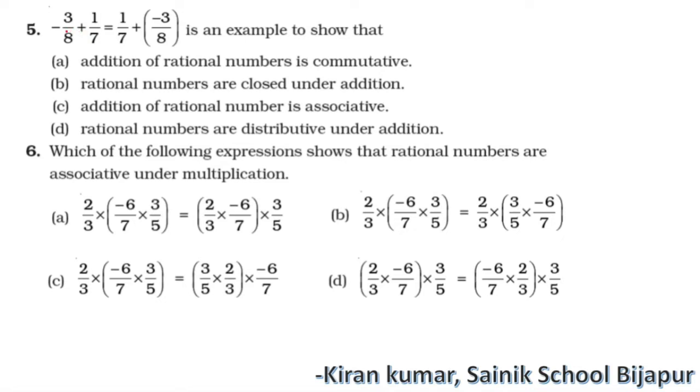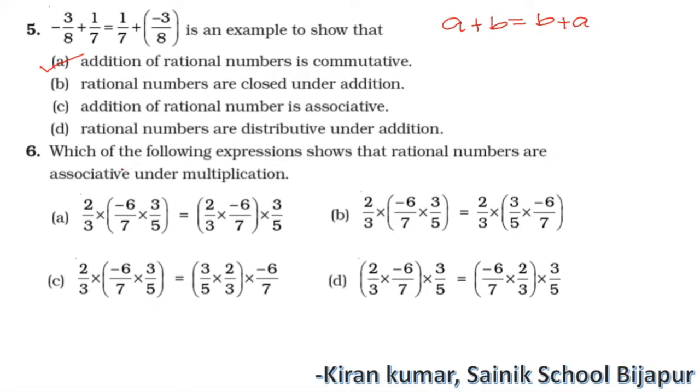The LCM of 7 and 8 will be 56. On simplification, we will be getting negative 13 by 56 on both the sides. So when A plus B and B plus A are done, they will be equal. This property is called commutativity. So addition of rational numbers is commutative.